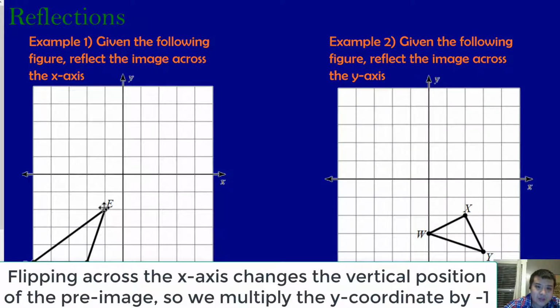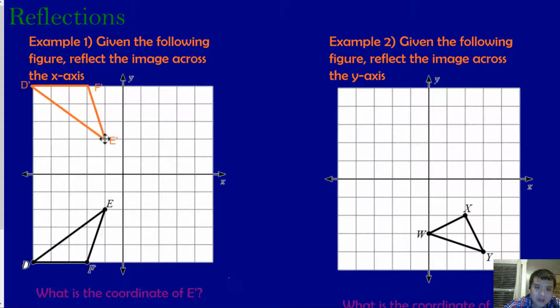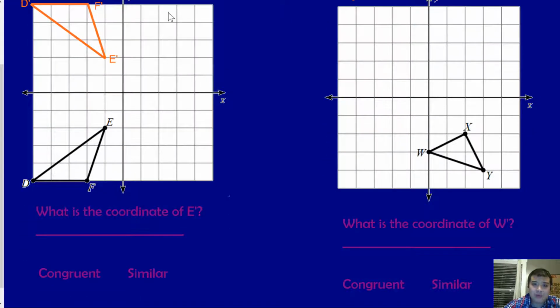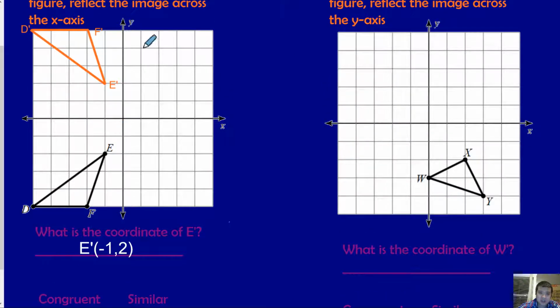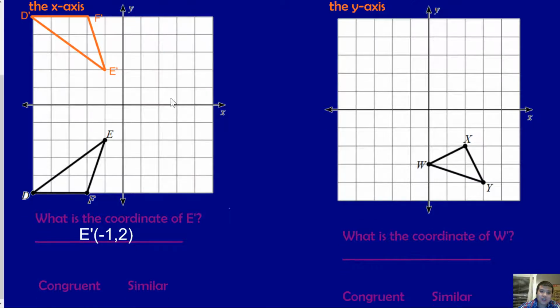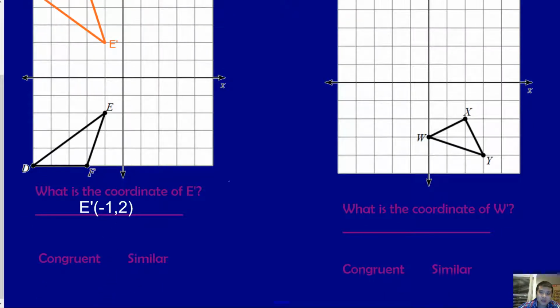So E becomes E' right here, reflected over. We start off with (-1, -2), and what that becomes is (-1, 2). The images have the same lengths and the same angles, even though they're in a different orientation, so they are considered congruent.